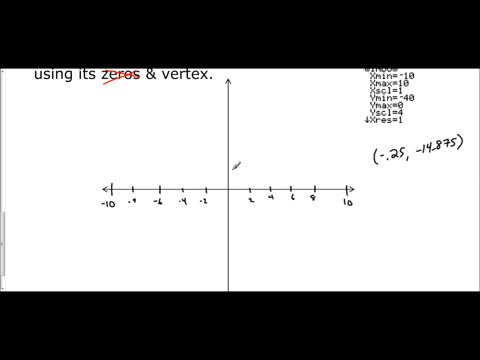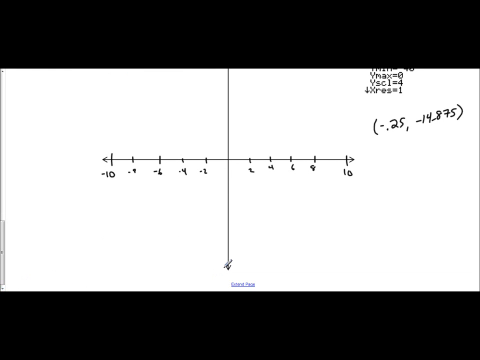My y-min is negative 40, so I can go down here. Here's negative 20, here's negative 10, here's negative 30, negative 15, negative 25, negative 35, and negative 5.